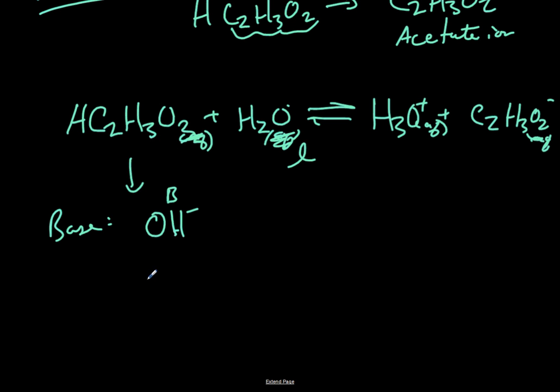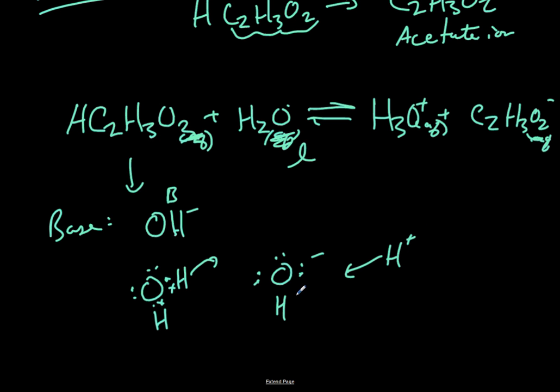If we try to figure out what it looks like, we're going to yank an H plus off of here, so it should actually look like this. If a proton ever comes near, it's just going to grab it, and away we go.